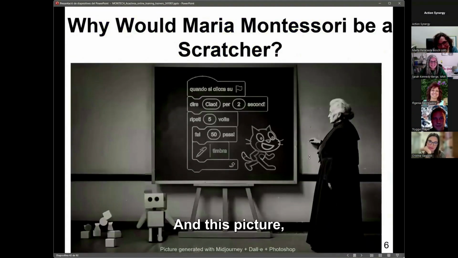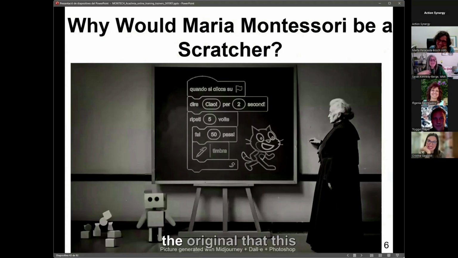And this picture, I love this picture. This one is one of my favorites because the original that this is based on, there's a picture of Maria Montessori standing at a chalkboard where she's written a poem in her beautiful handwriting, and she's been analyzing it with the grammar symbols. She's been analyzing, parsing, it's called in English, the different parts of speech. And so this was a wonderful image that, was it Edu, I think, that created this one for this project.